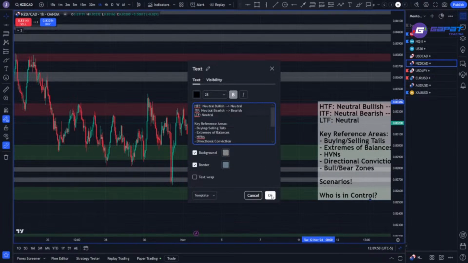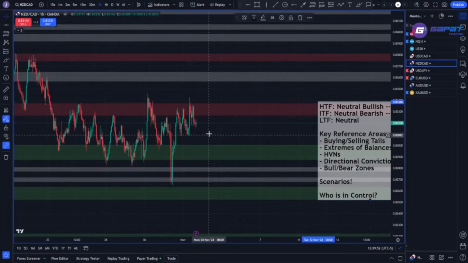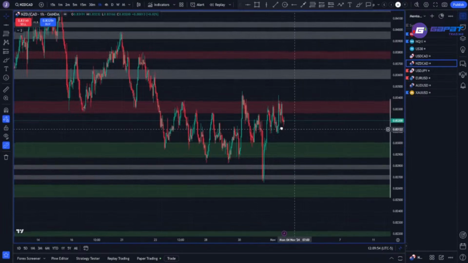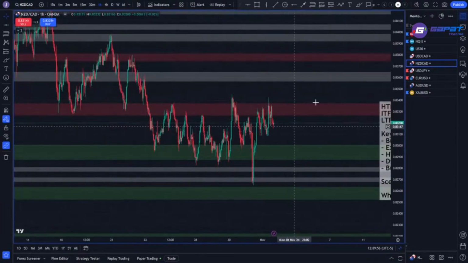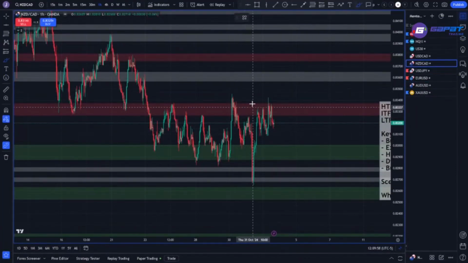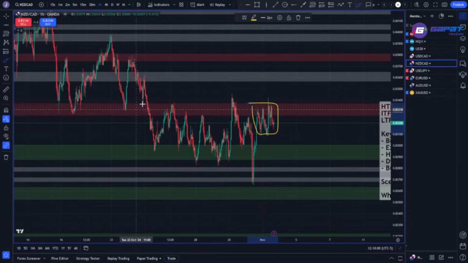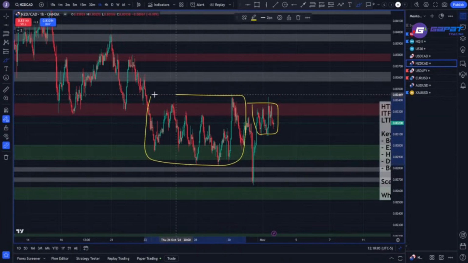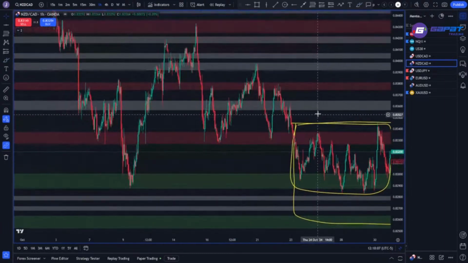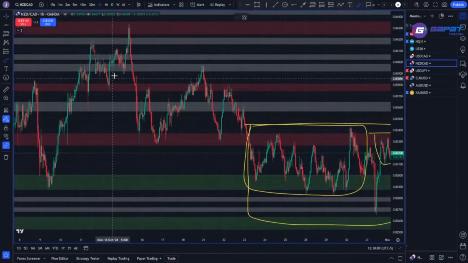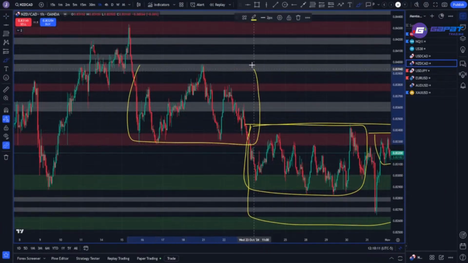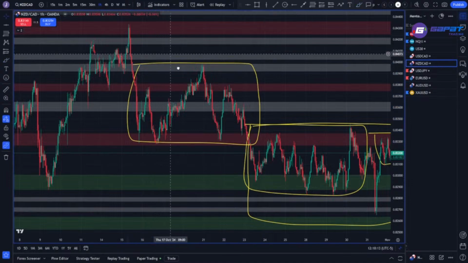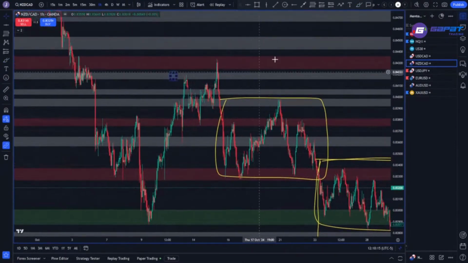So we're at a really important inflection point on this chart. Now let's go over the key reference areas. Let me draw out some of the balance areas. We have this smaller one, but that also encompasses this bigger one. And I'd recommend to all of you to do this on your chart. Draw out all of the balance areas. This is how price moves.